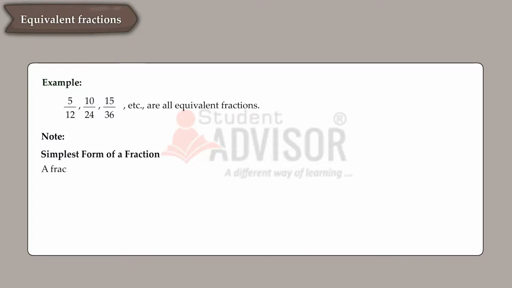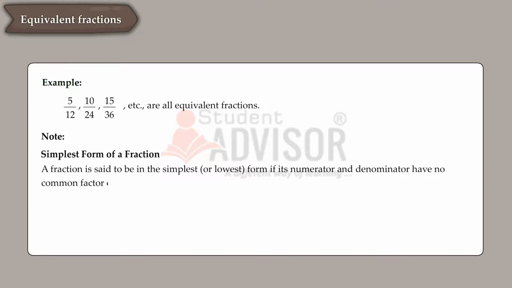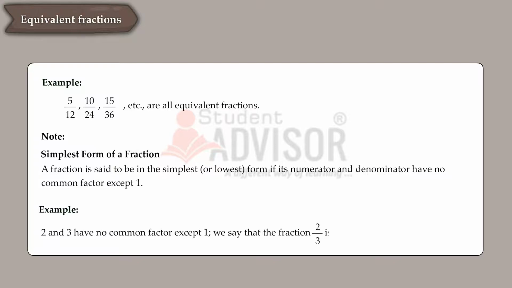A fraction is said to be in the simplest or lowest form if its numerator and denominator have no common factor except 1. Study the given example. 2 and 3 have no common factor except 1. We say that the fraction 2 by 3 is in the simplest form.